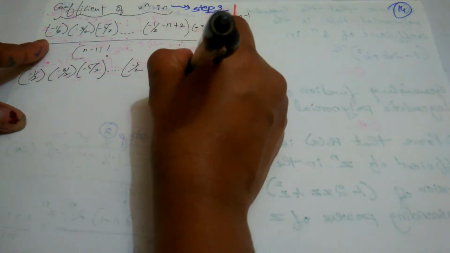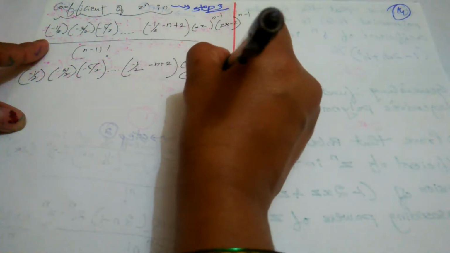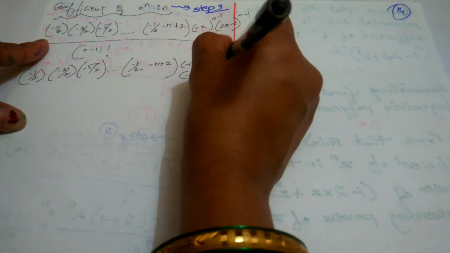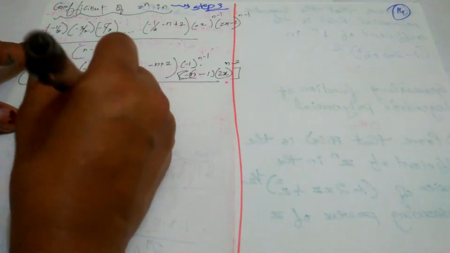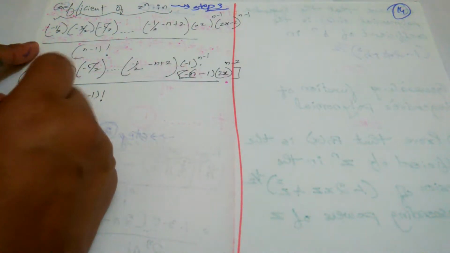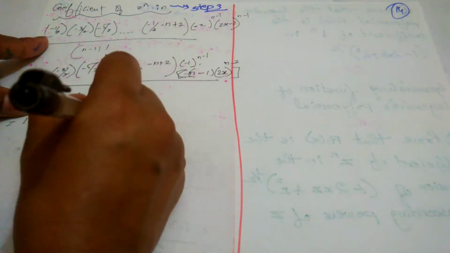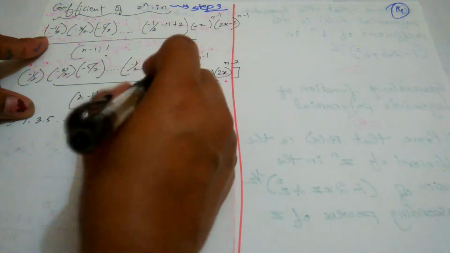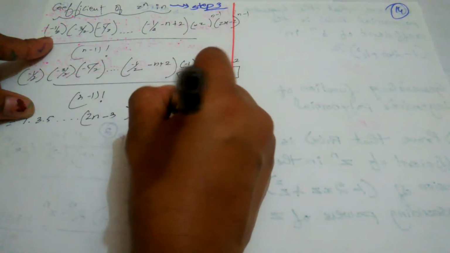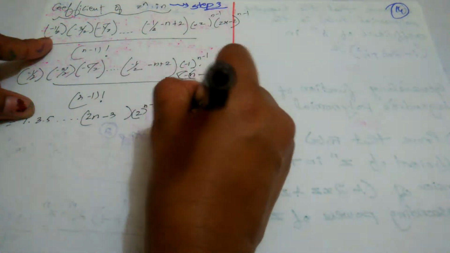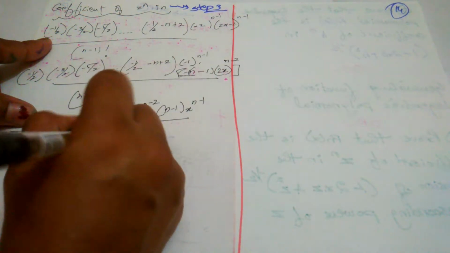So it will be minus 1 minus of this into 2x raised to n minus 2, whole divided by n minus 1 factorial, which further you will be getting as 1 into 3 into 5 dot dot dot 2n minus 3 with 2n minus 2, divided by n minus 1, x raised to n minus 1 divided by 2 raised to n minus 1, n minus 1 factorial.